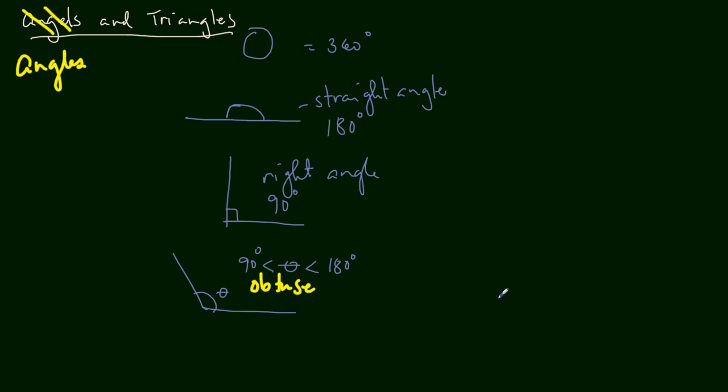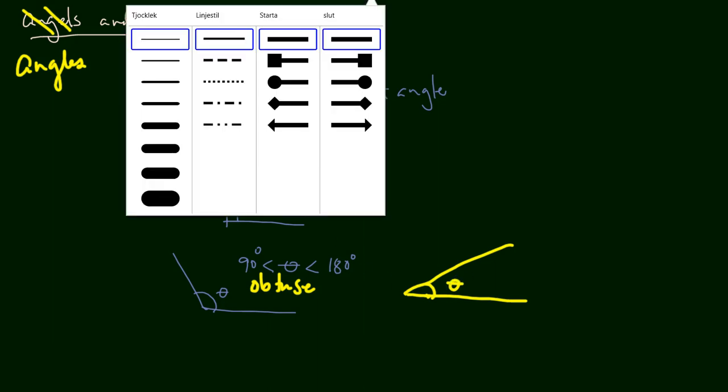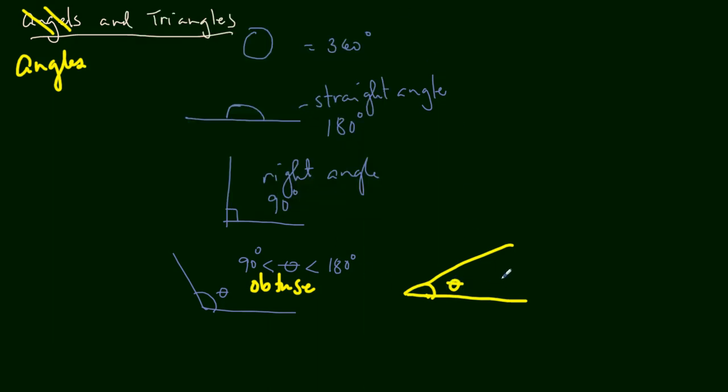But if theta is greater than 0 but less than 90 degrees, then we have an acute angle. Acute.